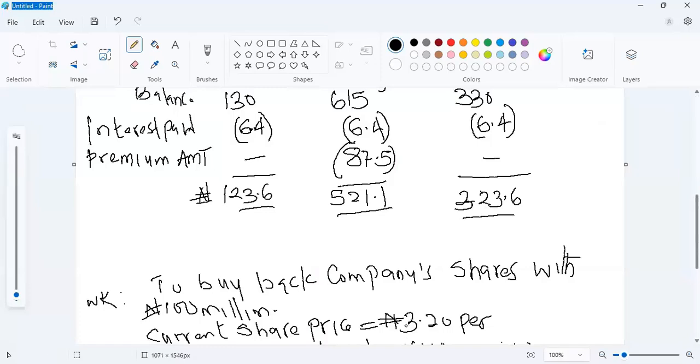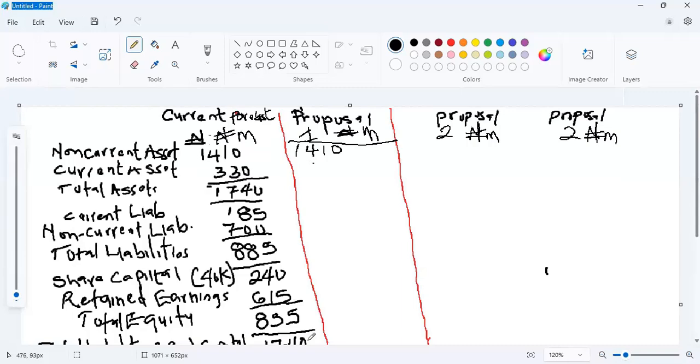Come back here. This is 323.6. Total assets, please sum. What do you have? Total assets 1,733.6. Next, current liabilities.